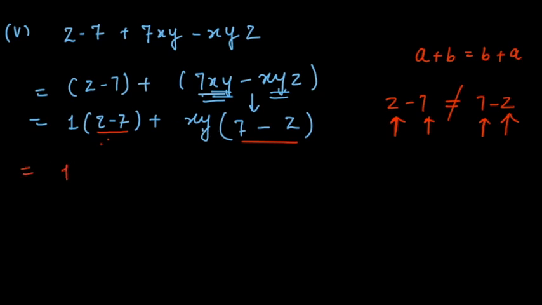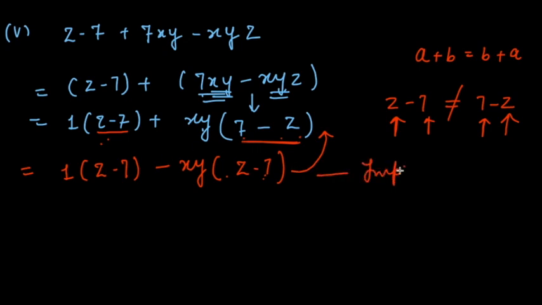Now this is one important step. What we will be doing, we will take minus common, so that this becomes z minus 7, right? If I am taking minus common from here, all the signs in the bracket will get reversed, because if you expand it, you will get the same thing, minus xyz plus 7xy, which is the same as this step. So this step is very important.